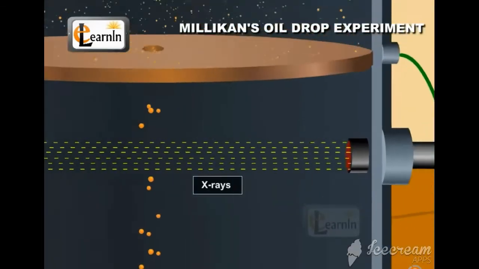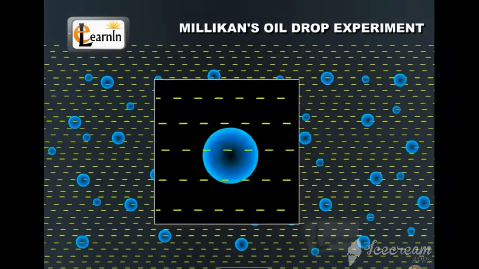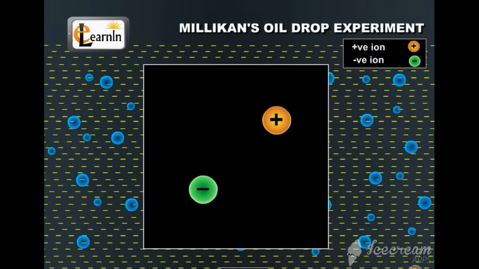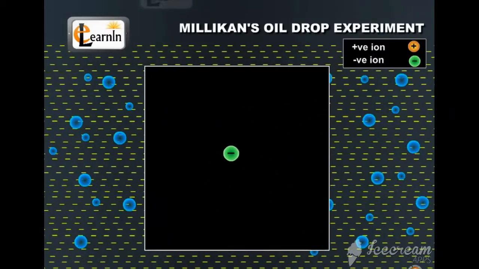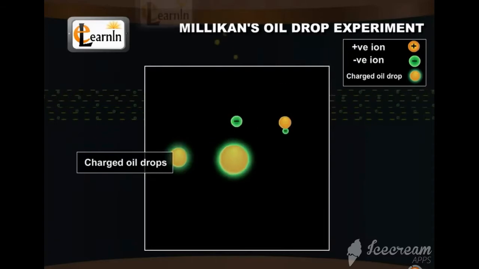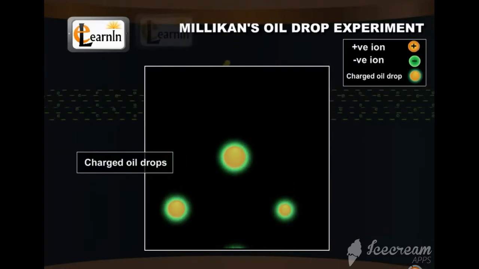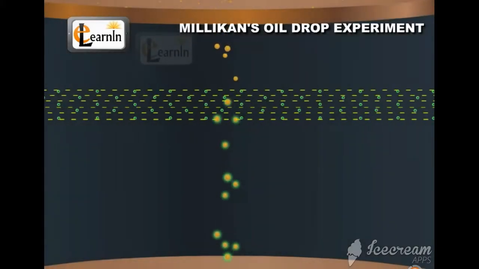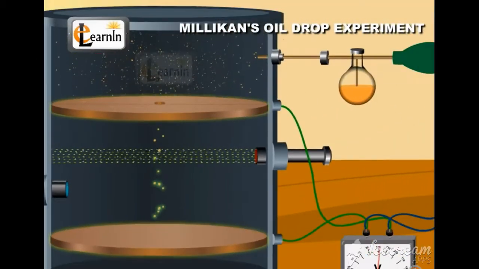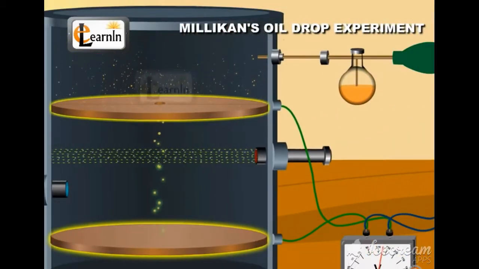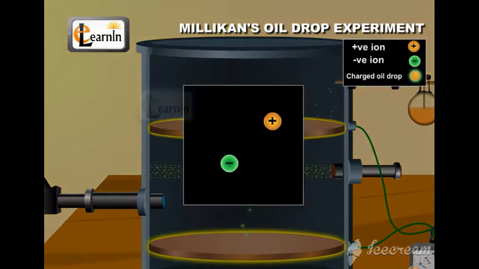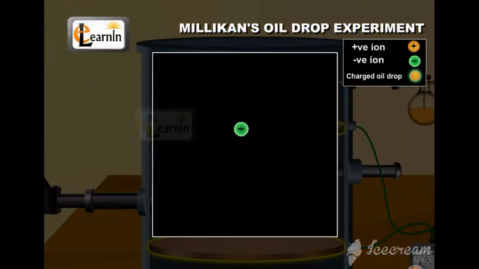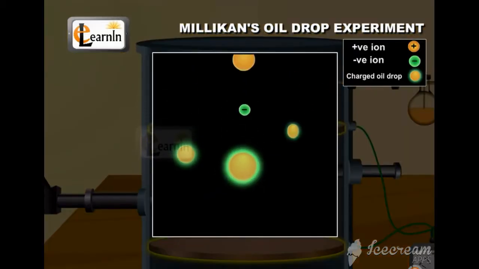X-rays were passed through the chamber to ionize the air inside. On colliding with gaseous ions, these oil droplets acquire charge. The rate at which these droplets fall can be controlled by changing the strength of applied voltage to the plate. With this experiment, he observed that the magnitude of electrical charge q on the droplets is always a multiple of electrical charge e.